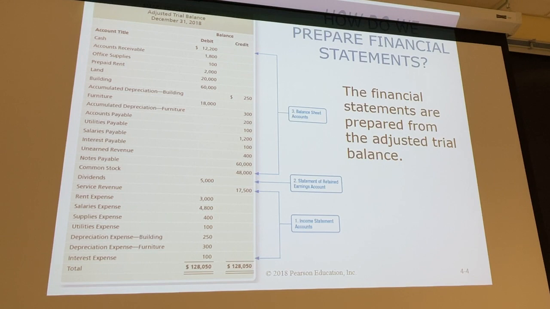And as I've mentioned before, if an account has a 0 balance, you don't show it at all. But it would be much more typical in a real life situation to see retained earnings listed there with some balance in it, which would be the beginning of period balance in the retained earnings account.